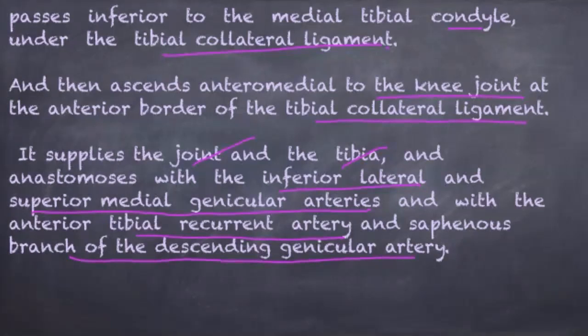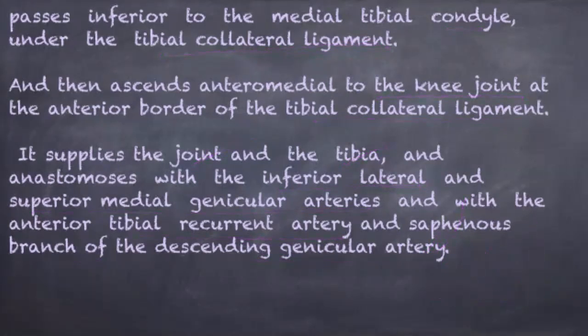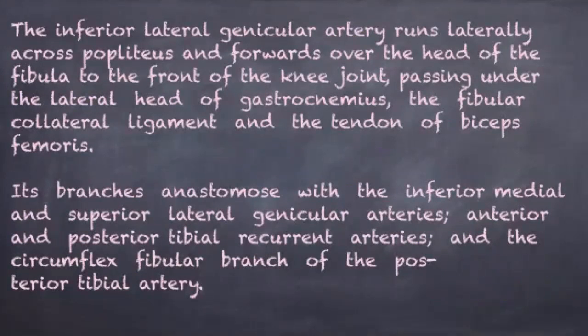Okay, so the descending genicular artery of the lateral circumflex has two branches, saphenous branch and articular branch. Okay, the articular branch goes to the knee joint, the saphenous branch goes to the inferior. The inferior lateral genicular artery runs laterally across popliteus and forwards over the head of the fibula to the front of the knee joint, passing under the lateral head of the gastrocnemius, the fibular collateral ligament, and the tendon of the biceps femoris.